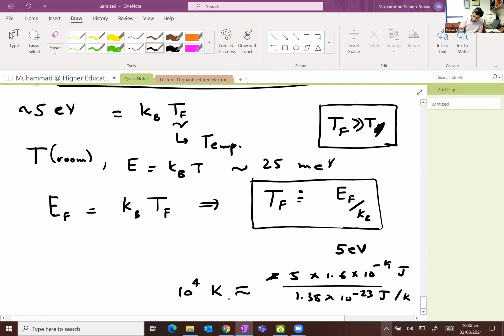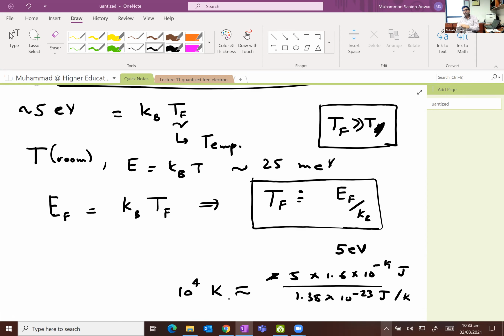So the Fermi temperature is 10,000 kelvins, even though the solid is at 0 kelvins. This tells us the energy of the electrons is exorbitantly high inside the solid, even at 0 kelvins, because there is a huge number of K levels, and each K level can be occupied only by 2 electrons.